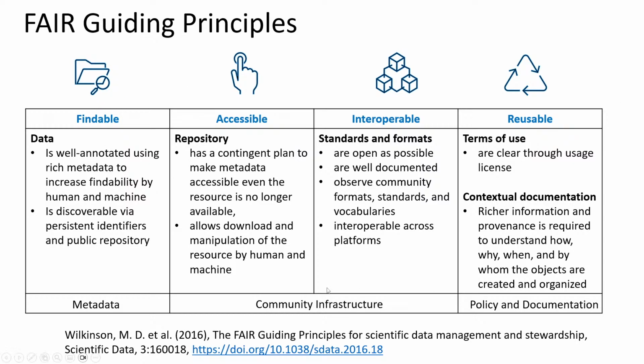So let's look here at these four guiding principles. To make your data findable, it has to be well annotated with rich metadata, to increase the findability by humans and machines. The more details, the more annotations, the more metadata there, the better.